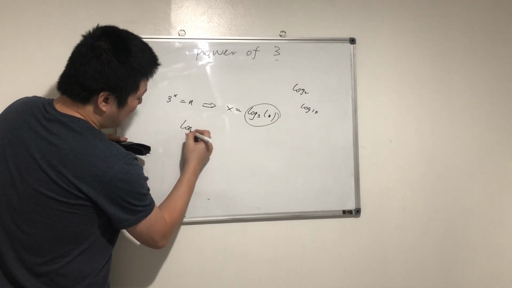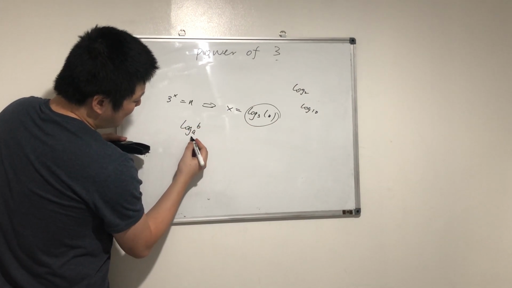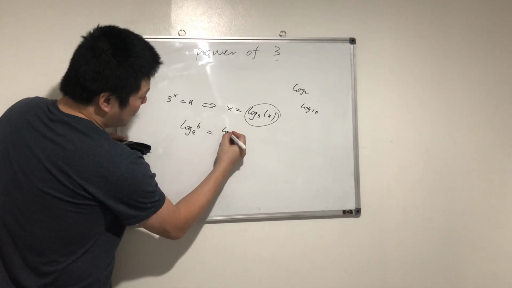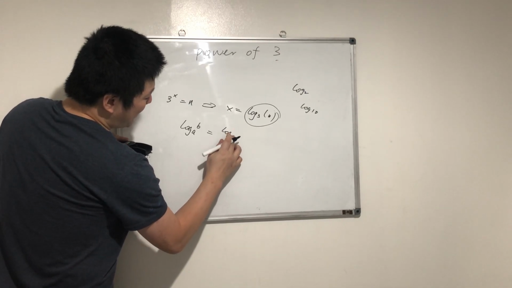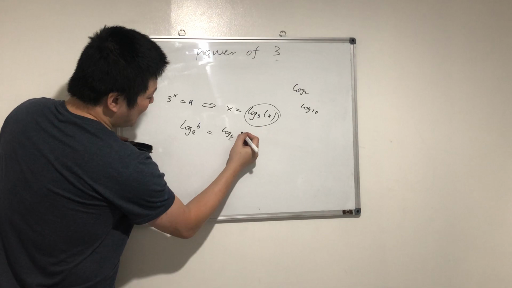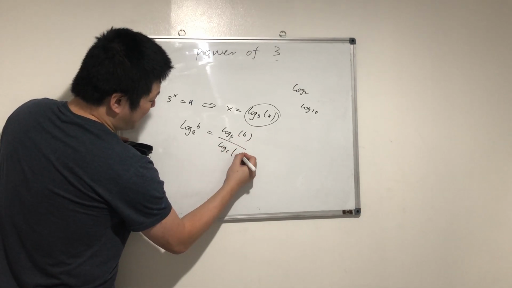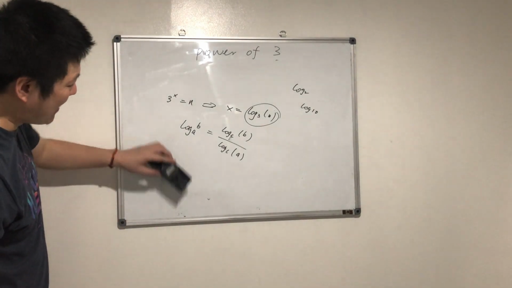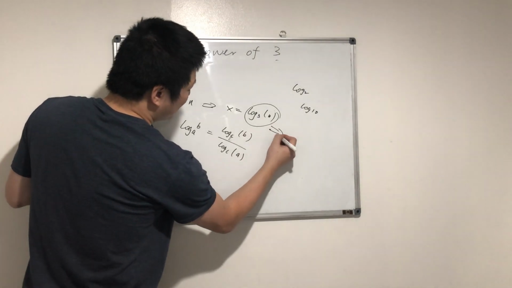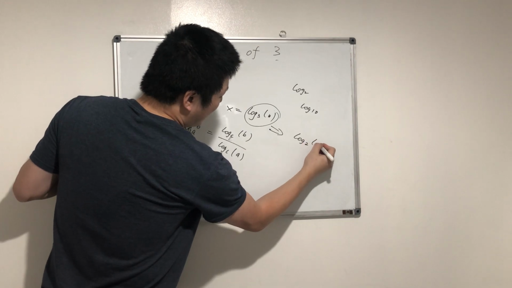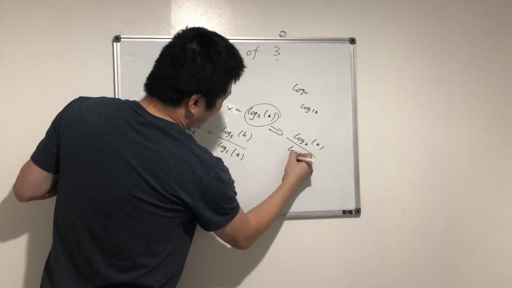The log base C of A B equals log B divided by log A, you can choose any base, as long as it's the same base, okay? So this can be converted to log 2 n divided by log 2 3.